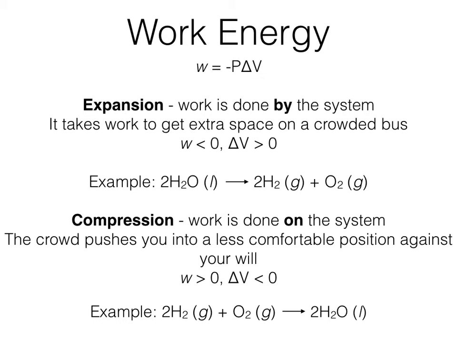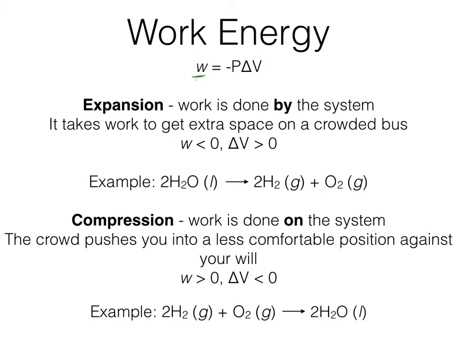Work energy is a little bit more complicated. Work is given W. Work energy is the energy of moving something. As chemists, we like to think of work as expansion work, taking up more space, or compression work, taking up less space.